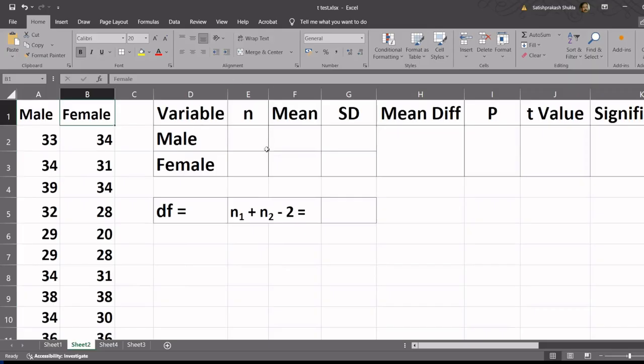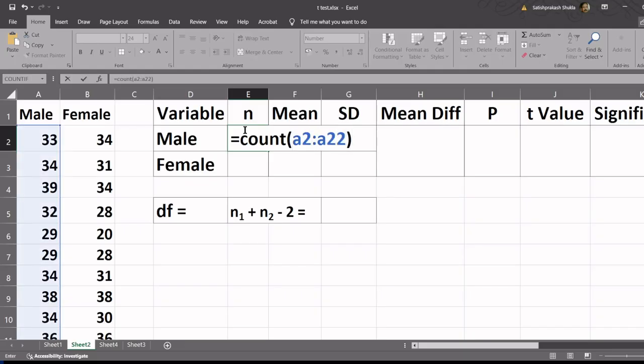Now, we will count n number of observations of male teachers. For that, we will write this function equal sign COUNT and data range A2 to A22, bracket over and enter key. 21 male teachers are there. Now, we will count n of female teachers.